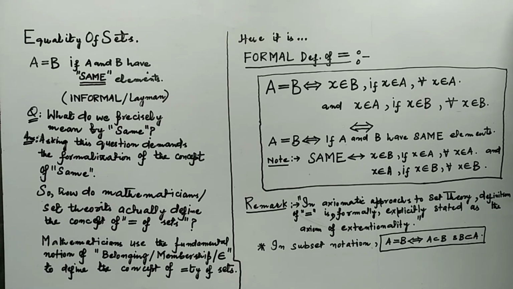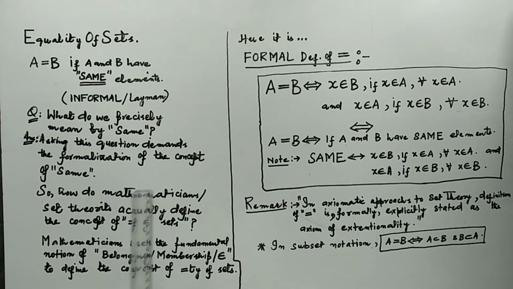So, how do mathematicians or set theorists actually define the concept of equality of two sets? Here we see how mathematicians define the equality of two sets. Mathematicians use the concept of belonging or the concept of membership to explain the concept of equality.